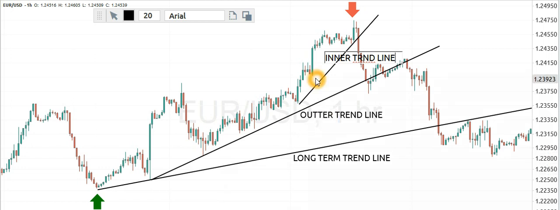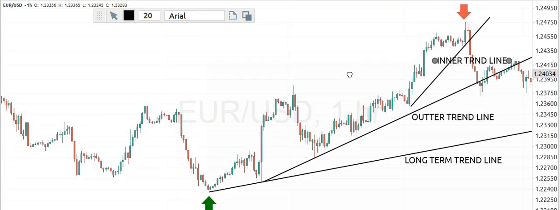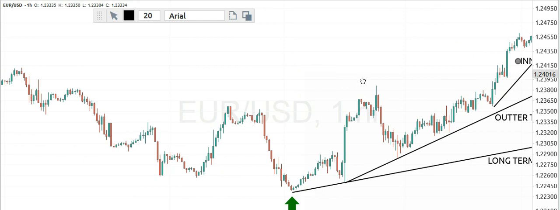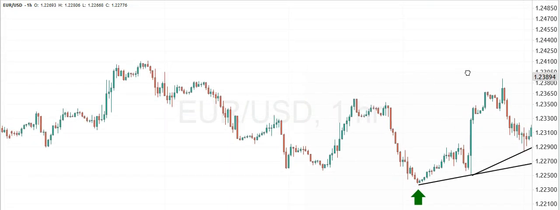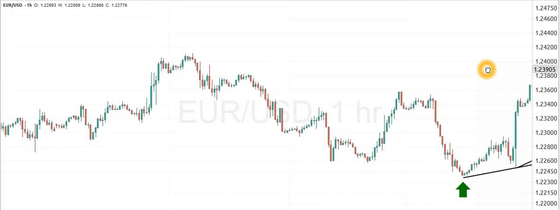And the reason why we do this is that when we first draw our trend line, let's say the market is right here. This candle right out here would be my highest point, and this would be my lowest point.